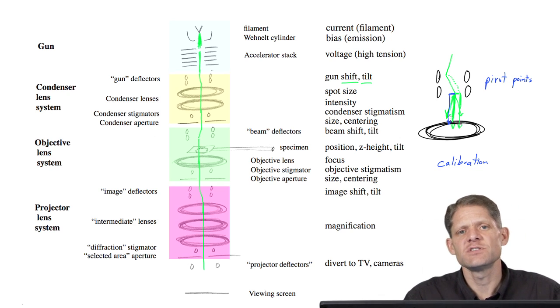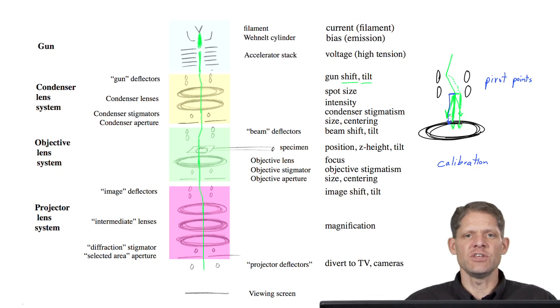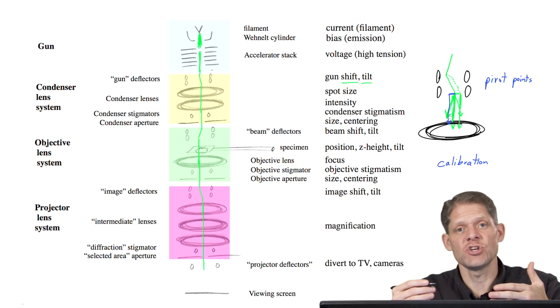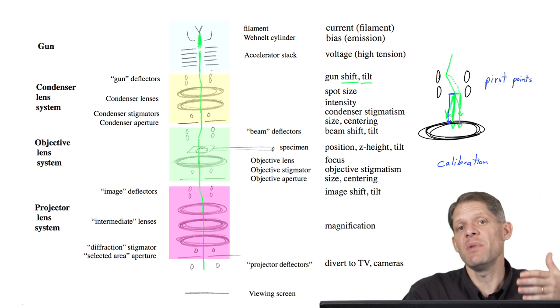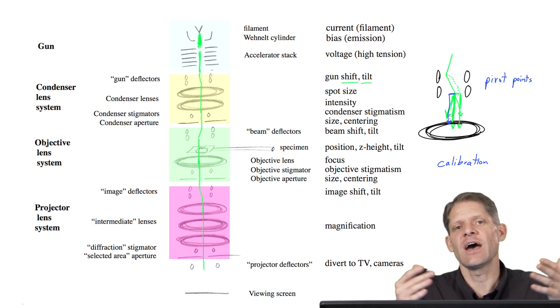And so for most of these software packages, you'll need to go through calibration procedures where you ask the microscope for a certain shift or tilt and then measure what the microscope actually delivers, and you can calibrate the response that way.